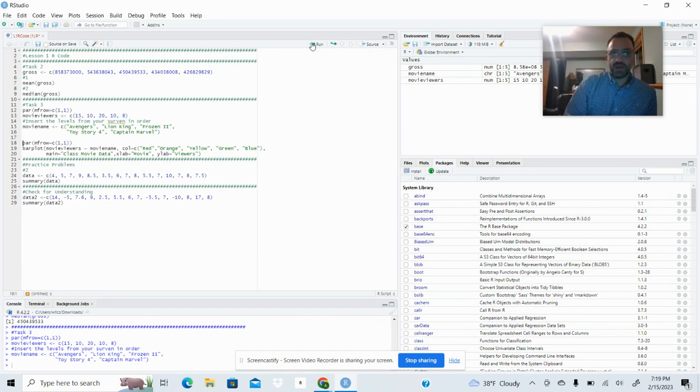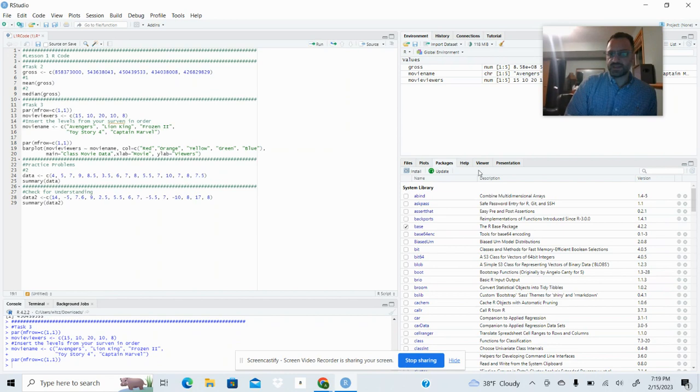And then what I'm going to do here is do that par(mfrow) thing again to set this up for when I do my graph. I'm going to do a barplot of the movie viewers, the numeric one, and then this is a tilde, the relation to the movie name. The col is going to be the color of the bars. It's going to be red, orange, yellow, green, blue. And then the main title is going to be class movie data. The xlab is going to be movie, and the ylab is going to be viewers.